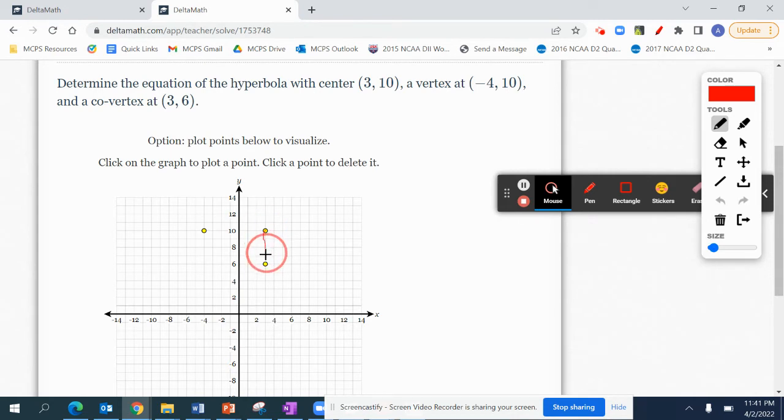So this 4 is my B value because it comes from the distance to the covertex, whereas this distance of 7 is my A value because it's the distance to the vertex.